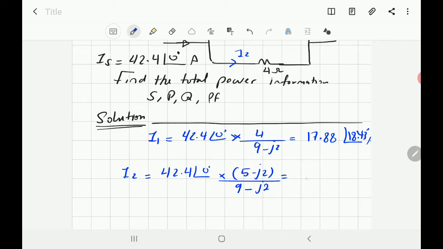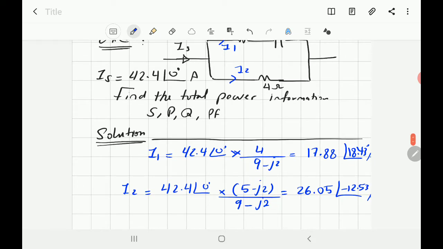So I2 will be equal to 26.05 angle minus 12.53 ampere. Now we found I1 and I2.